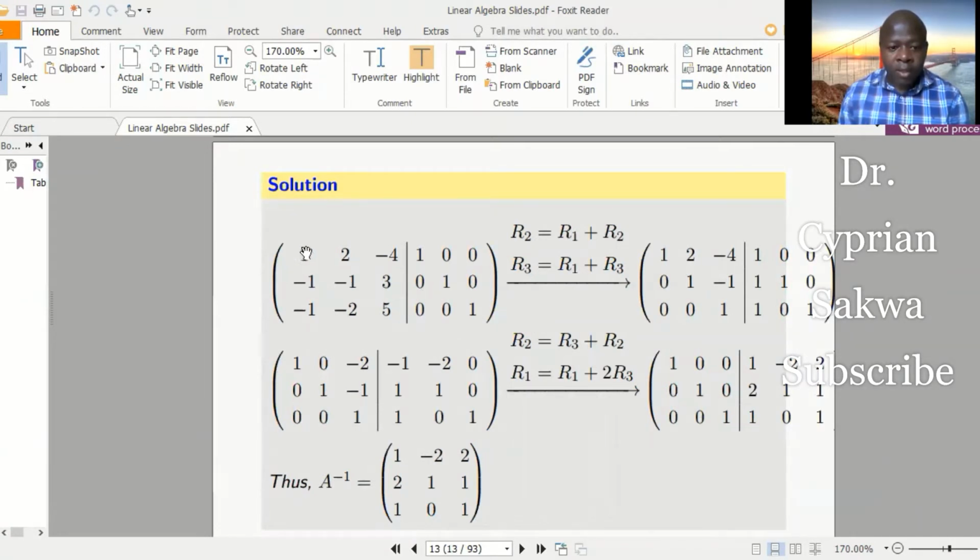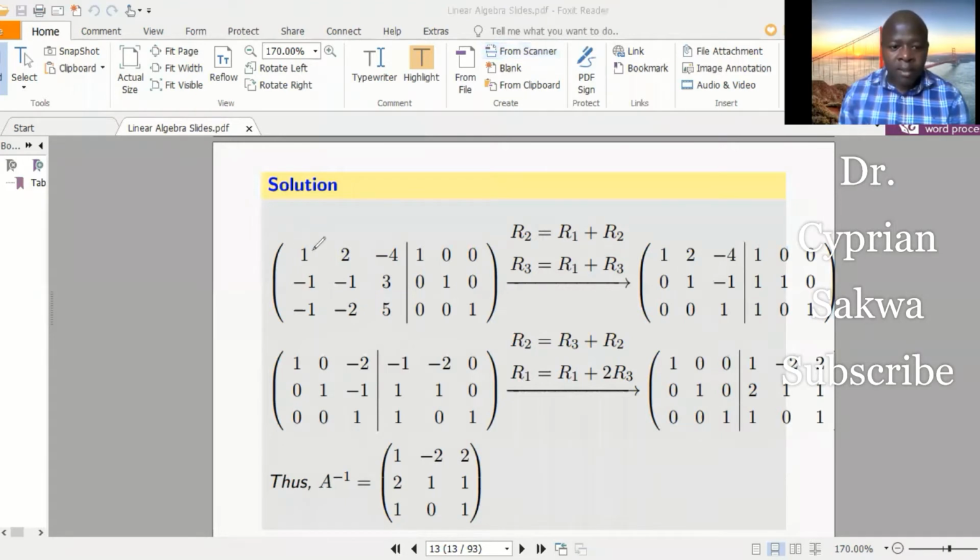So we carry out elementary operations on this to transform it to become the identity matrix. The elementary operations that we'll be doing on this matrix, we'll be doing them also on this matrix. So when this one becomes the identity matrix, this will have become the inverse of A. So let's just do that.